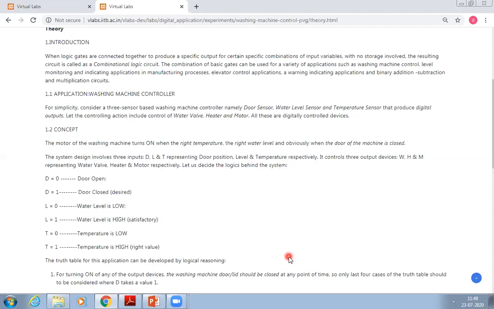The system design involves 3 inputs, so we'll give names: D for door, L for water level, and T for temperature sensor. It controls 3 output devices: water wall, heater, and motor.